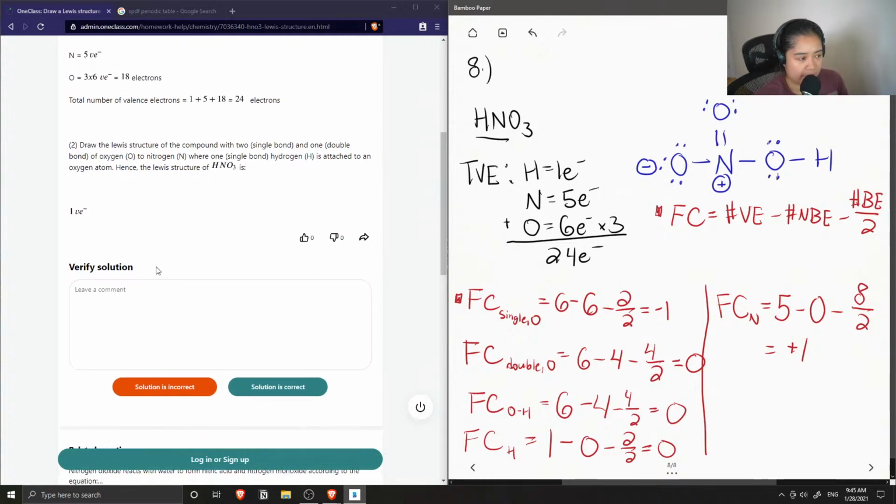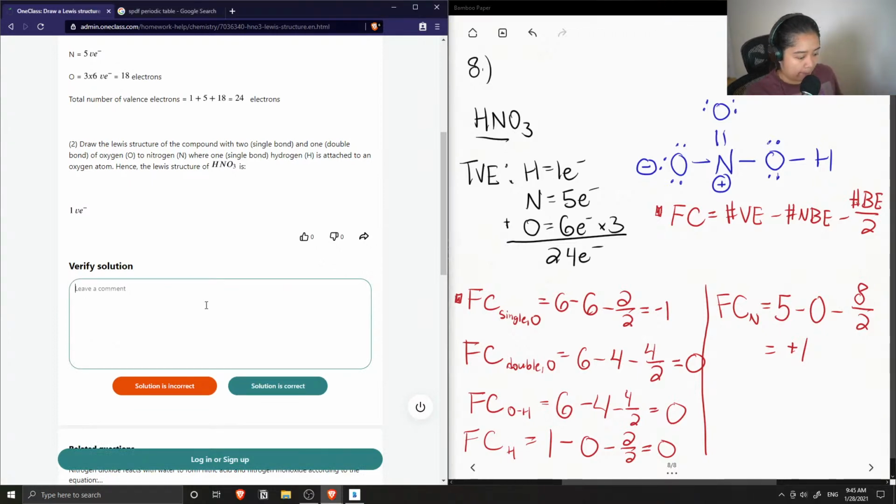So they just kind of try to describe it. So the steps are correct. The image, however, is not shown. So I'm just going to say the solution is incorrect so that we can look at this.